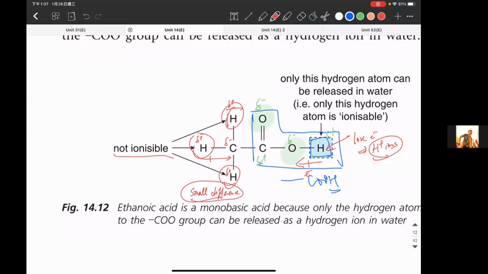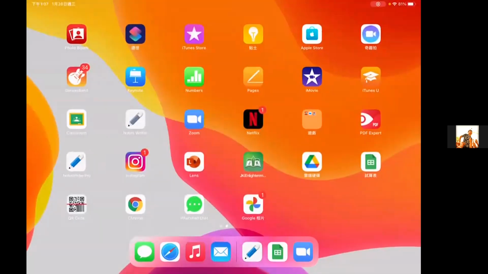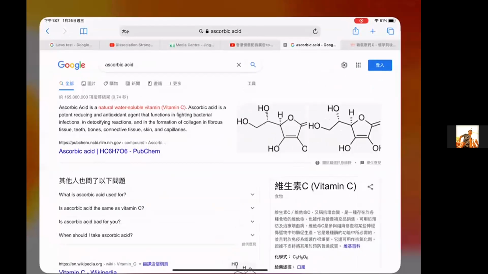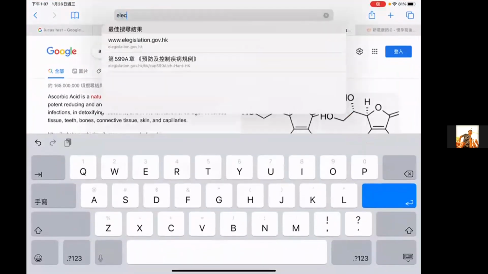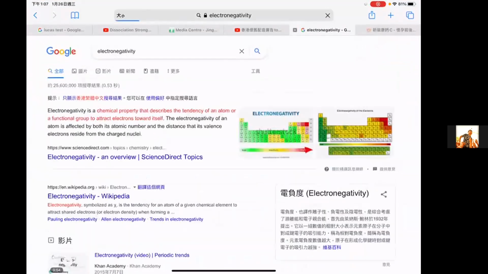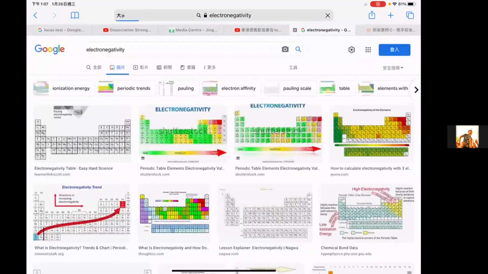How do you check the number? Electronegativity. Take a look at this.